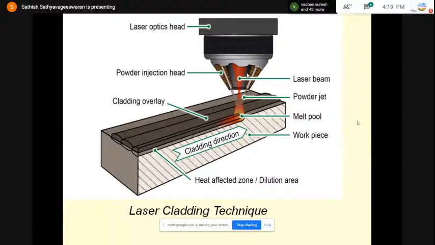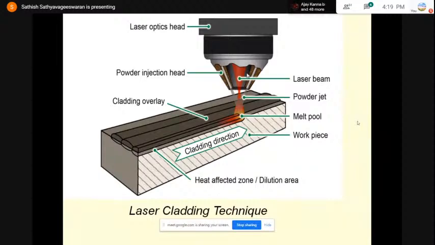There is one more technique known as laser alloying. In laser alloying, the principle is exactly similar to that of laser cladding, and there are two differences between them. The first is that if you go for laser cladding, the thickness of the cladded layer will be more than 600 micron, and you can go up to a maximum of 1000 micron. Whereas if you go for laser alloying, the thickness will be limited to a maximum of 20 micron.